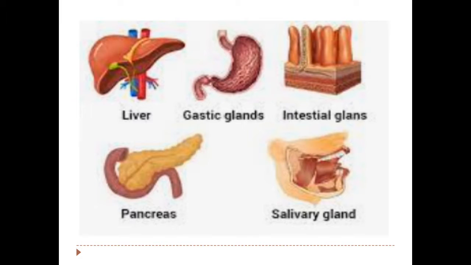All these parts are called the digestive glands, as they secrete the important enzymes and other substances required for digestion. So our digestive system has two parts: the total digestive tract starting from the mouth up to the anus, and these 5 digestive glands for the enzymes and other secretions.